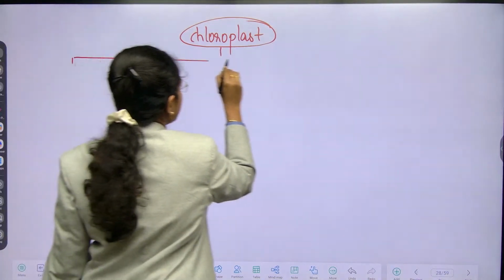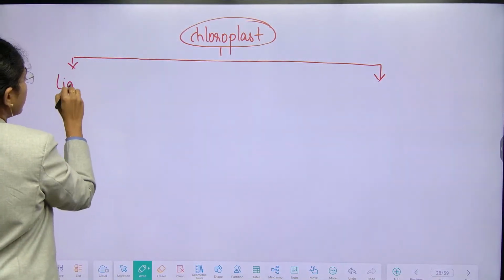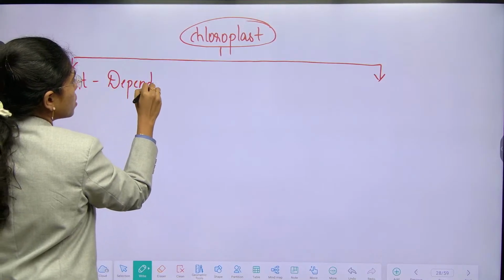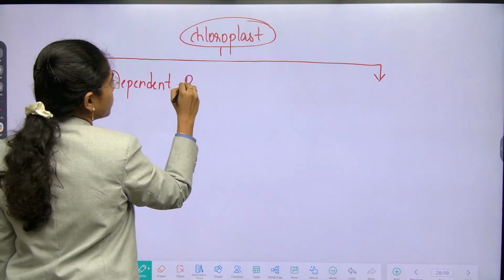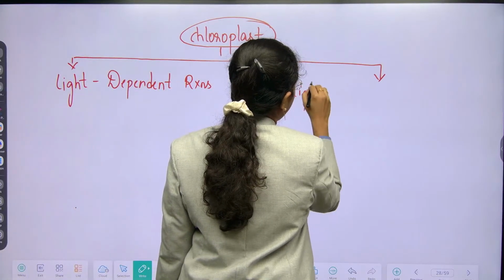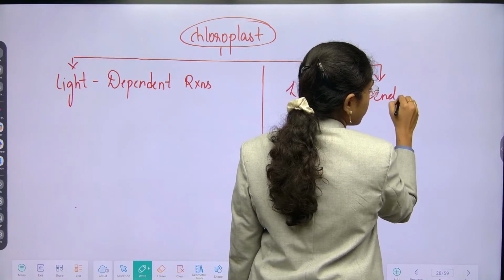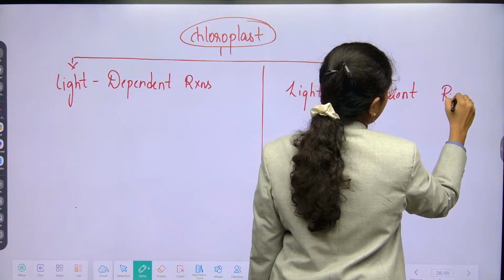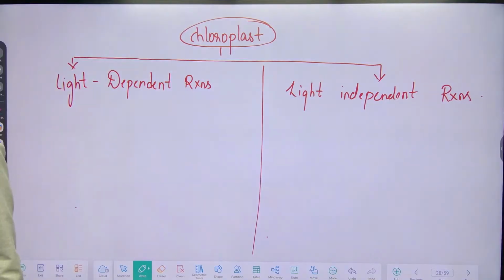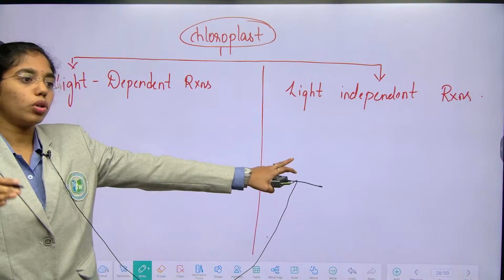Inside the chloroplast, two activities majorly happen in photosynthesis: light dependent reactions and light independent reactions. Calling light independent reactions as dark reactions is a misnomer because it is not dependent on light directly. It takes place both in light and dark.